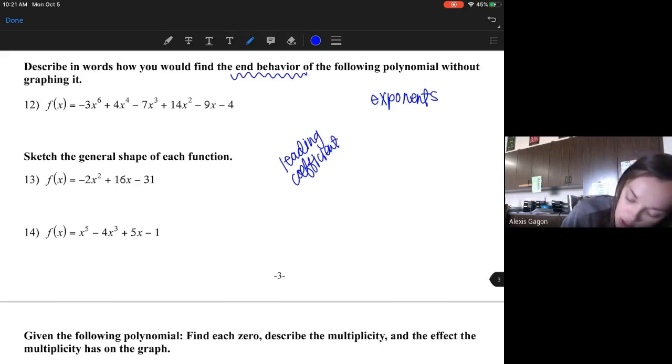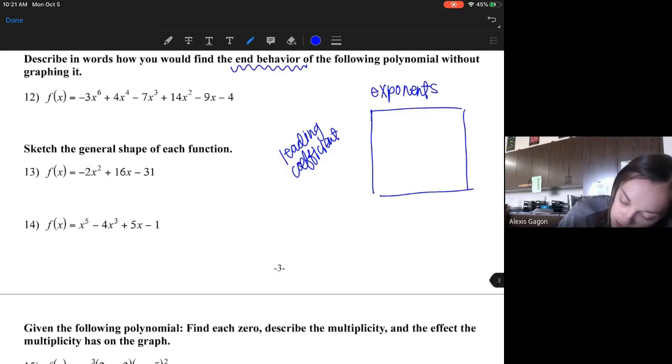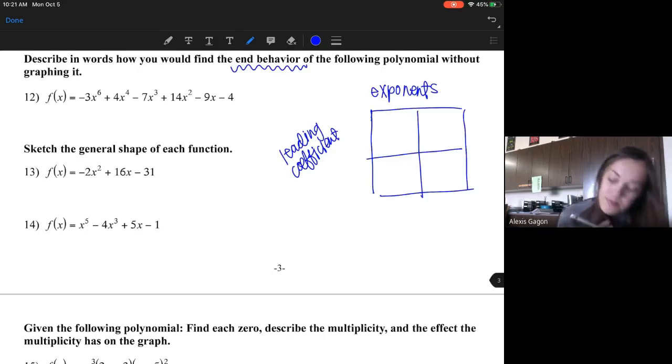So this is just going to be like a box we're going to draw here. The only 2 things that our exponents can be is they can either be even or odd. And our leading coefficient can either be positive or negative.